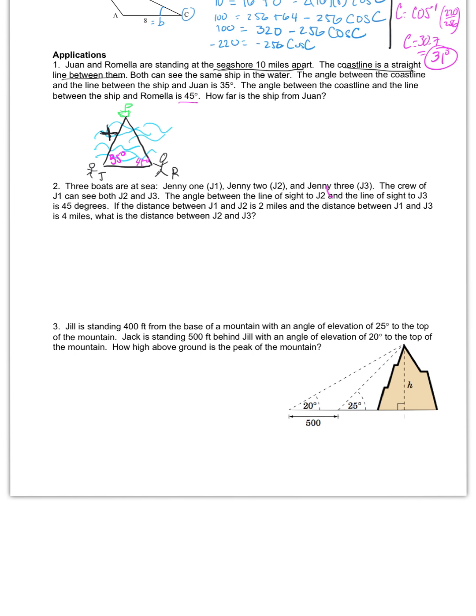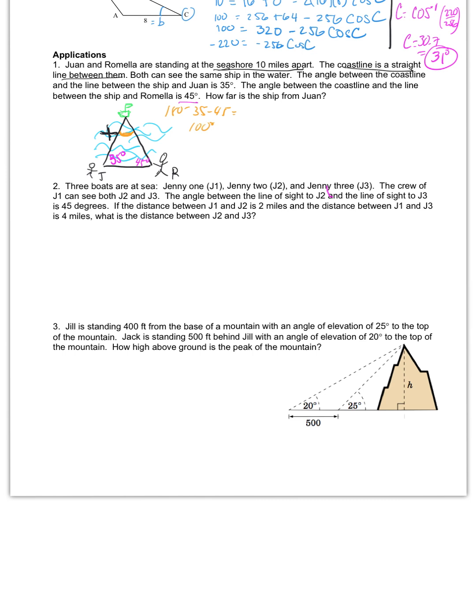Now, let's see what we can do. We don't have enough sides to think about the law of cosines, because I don't have any numbers. But if I have 35 and 45 of the triangle, then I can find this other angle up here by the ship, the angle between them. So what is that? That's 180 minus 35 minus 45, and that gives you 100 degrees.